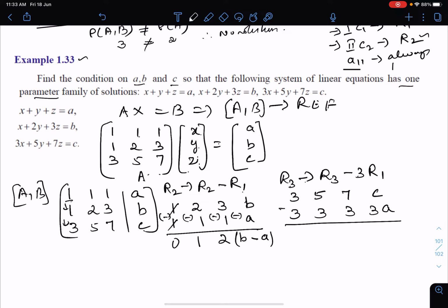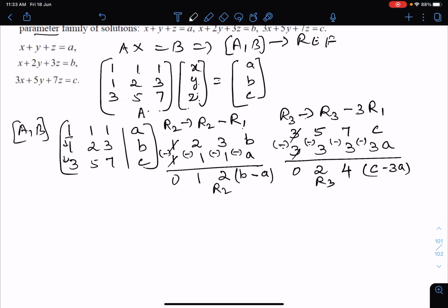Again you change all the signs, so all become minus. This cancels, equal and opposite sign. Now 5 minus 3 gives you 2, 7 minus 3 gives you 4, and this is C minus 3A. Now this is our row 3, this is our row 2.